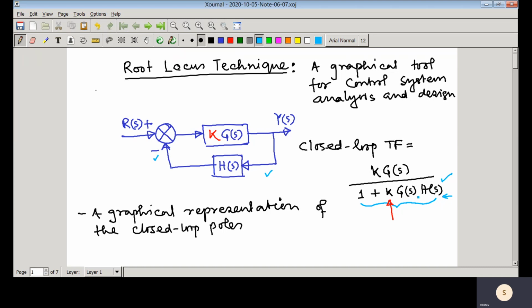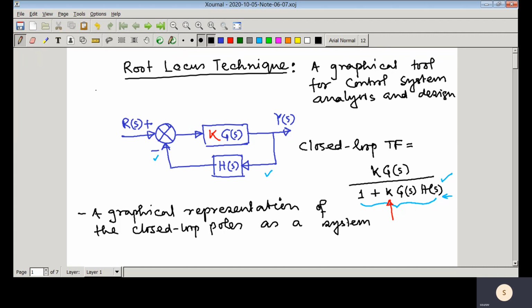So that system parameter, in this case, is the forward path gain, but we can also represent a problem where a pole is varying or a zero is varying.